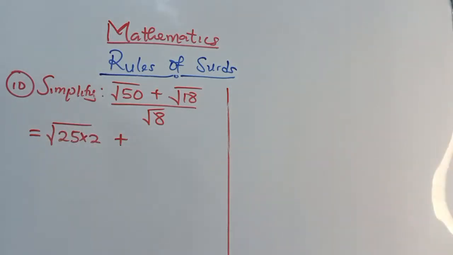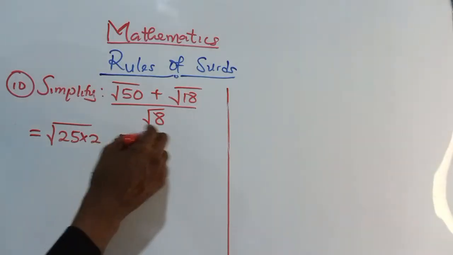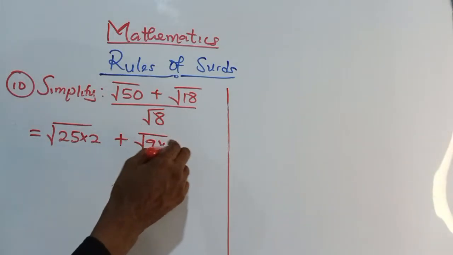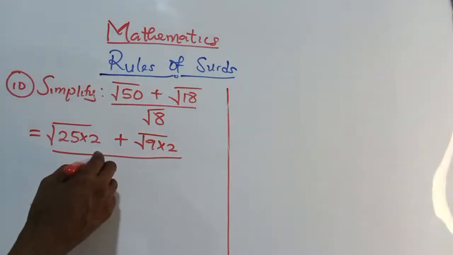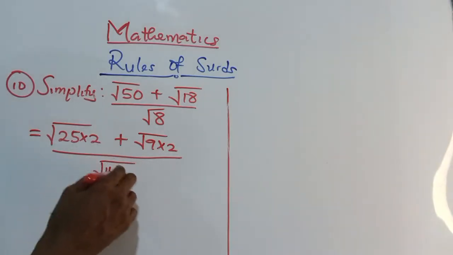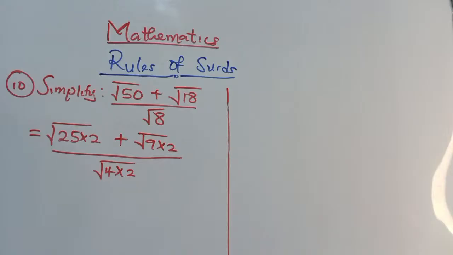And you know 25 is a perfect square number. For 18, we can do 9 times 2 will give us 18. And for root 8, what do we do? We do 4 times 2. 4 times 2 will give us 8.